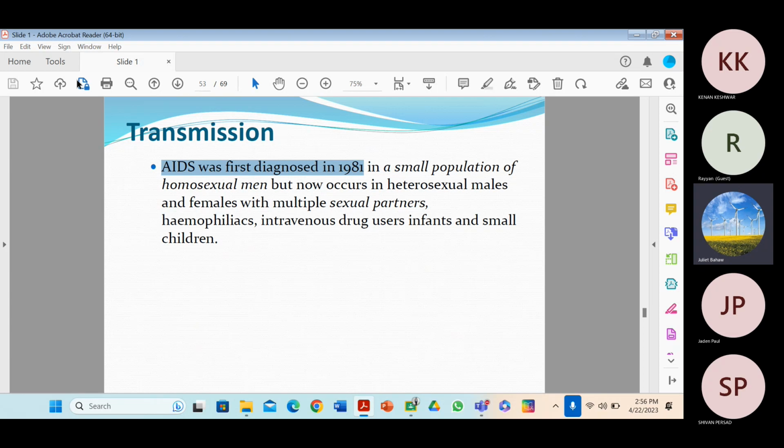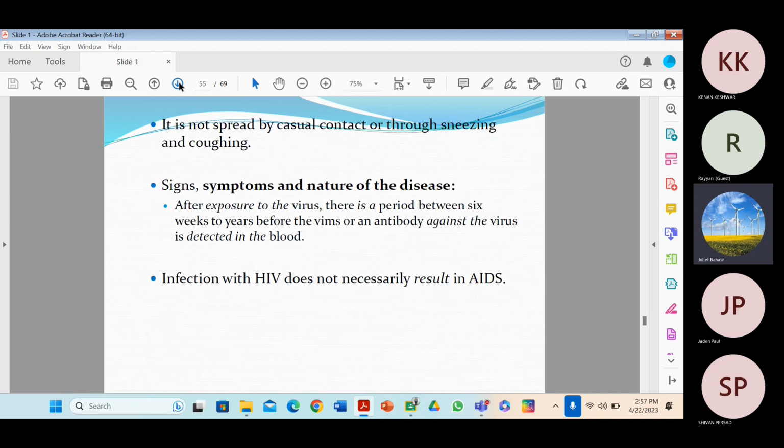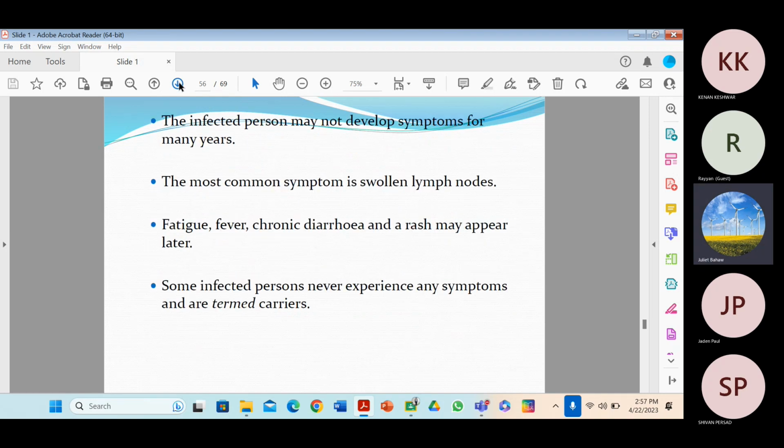It will just stop it from multiplying, but they still have it. So they have drugs to control it or prevent it from reaching AIDS. But it depends on how early the person is diagnosed. Once you are diagnosed with HIV early, there is a window or chance that you could stop it from developing into AIDS.